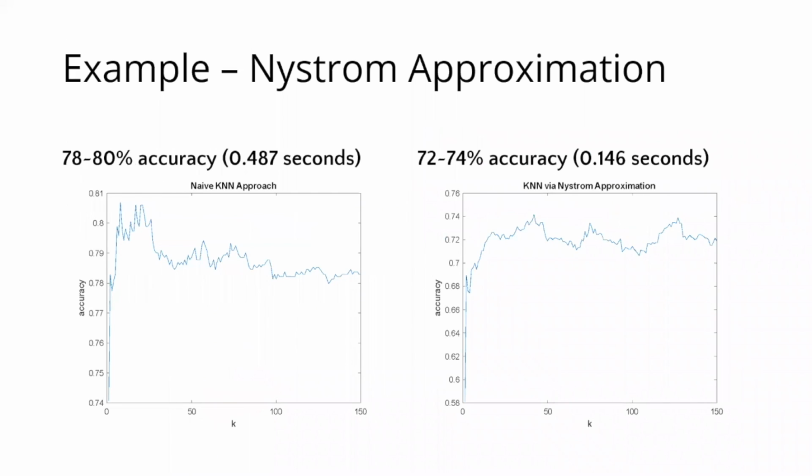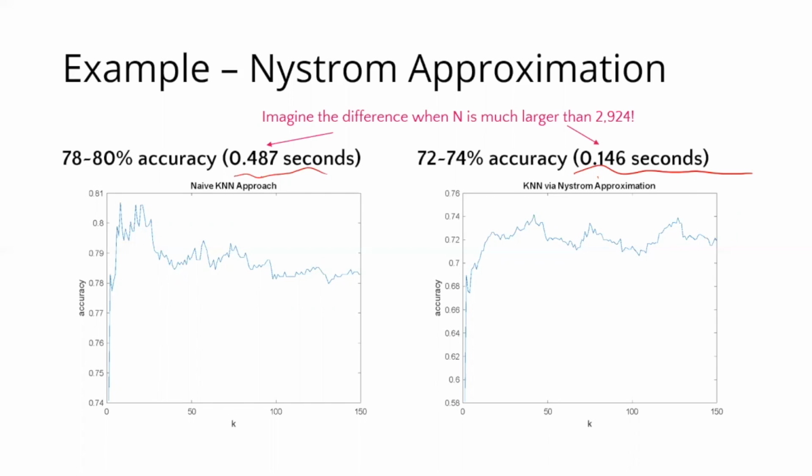But if you think about it, this is still a favorable result, because if you look at the computational time, it is about half a second versus 0.1 second. Of course, we have only roughly 3,000 samples in the training dataset. But if you consider a real-world big data scenario, we can have 3 million data points.